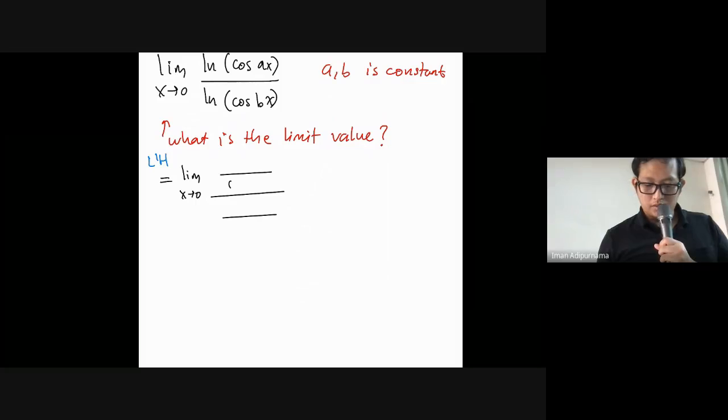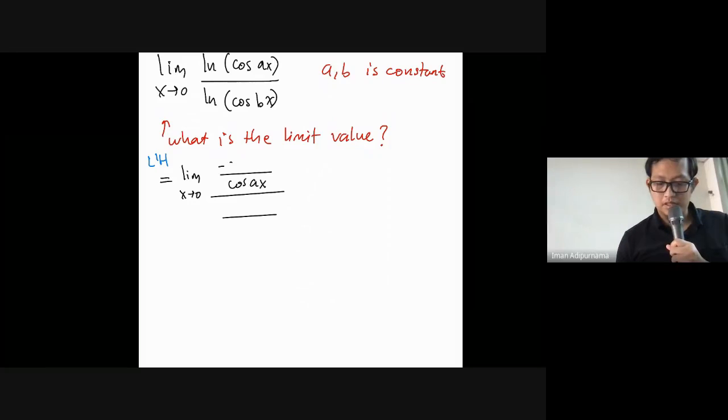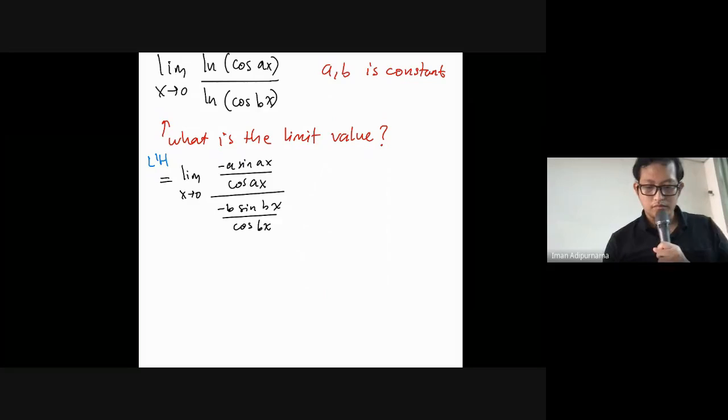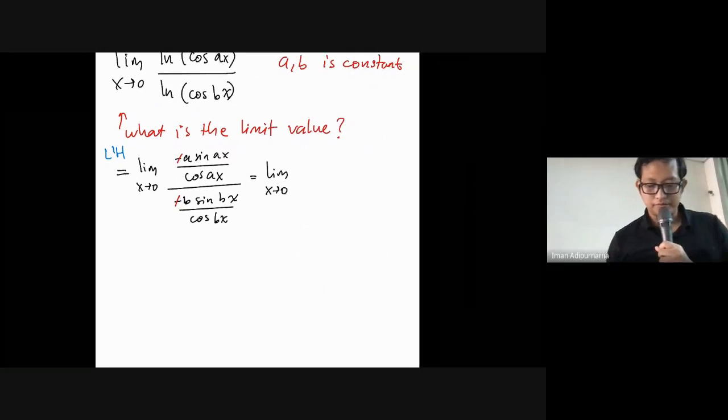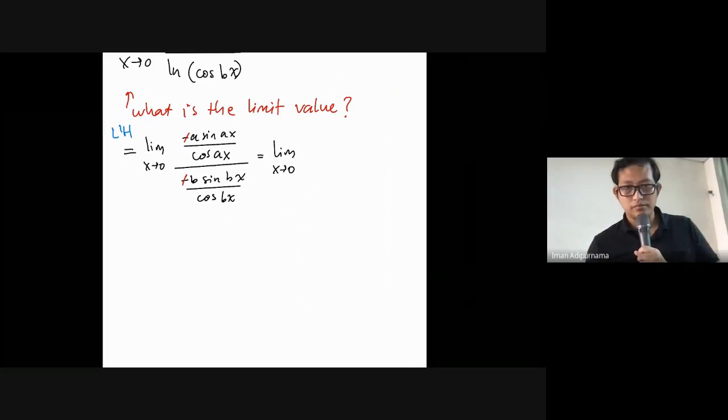So this will be 1 over cos ax, and then multiply by the minus sign, minus a sine ax, and this will be 1 over cos bx, minus b sine bx. The negative sign is canceling. So limit x to 0.